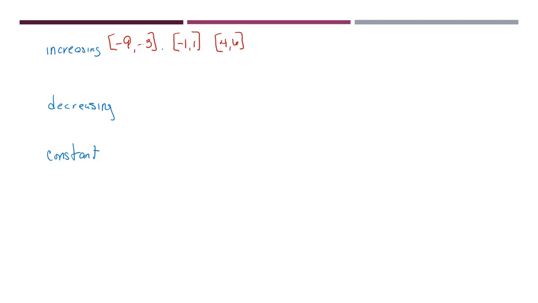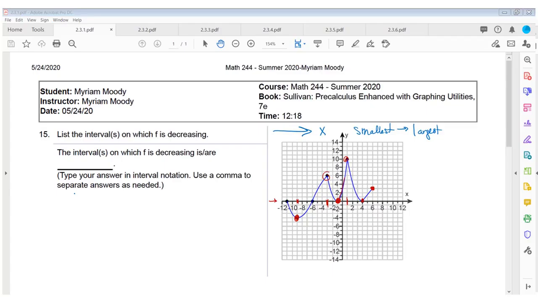And I am just going to put a comma in between them. There is no union symbol here. Okay, these are the three intervals where we're having an increase, and that's all that we need to know. Good? Okay, so let's look at a decrease.